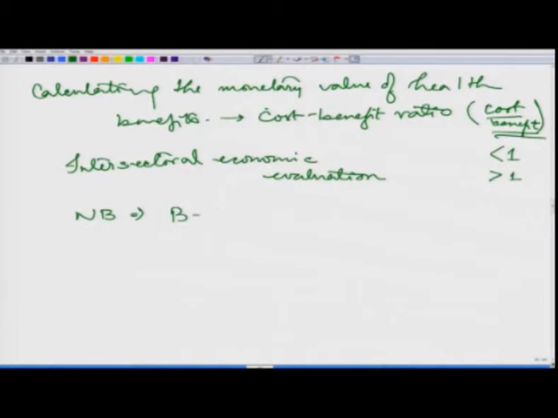And so whenever we have our net benefit, we estimate benefit minus cost, and we will see whether it is greater than 0 or not, which is just like the cost benefit ratio. And CBA is mostly used to make public decisions.